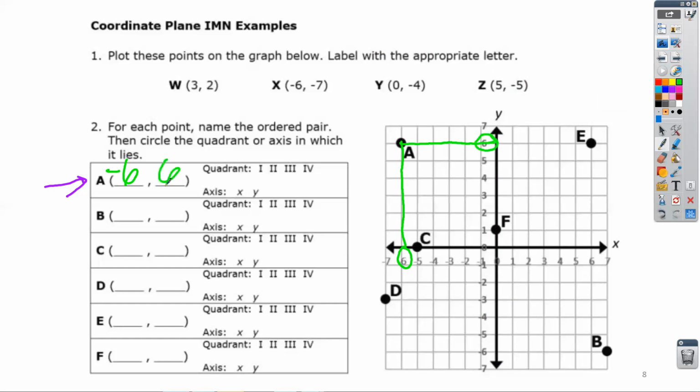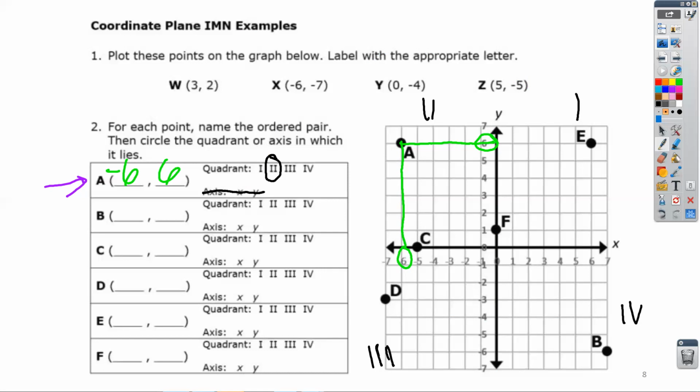At 6. And then it asks, well, what quadrant is it in? Well, remember, this is quadrant 1, 2, 3, and then 4. It's in quadrant 2, so I'm going to circle that. A is not on the X or Y axis, so I'm not going to worry about that one.